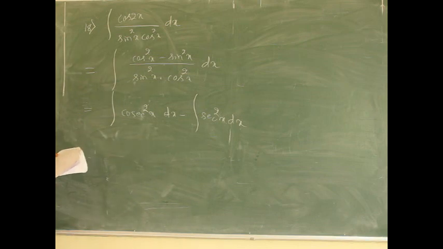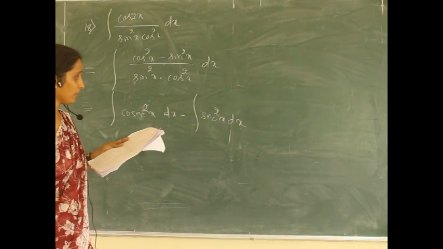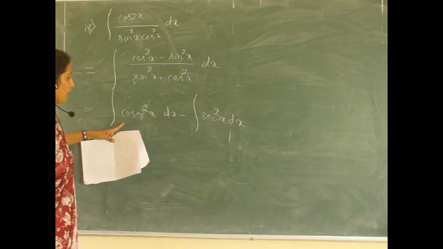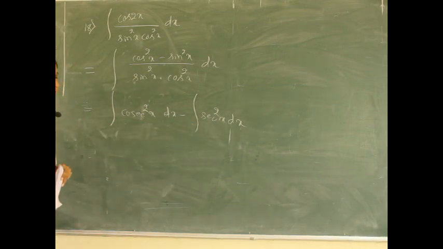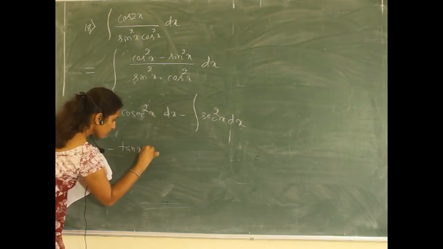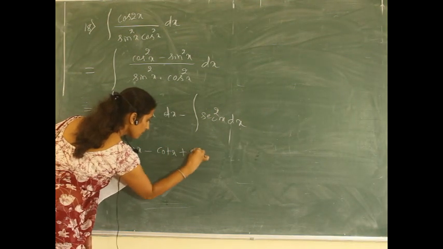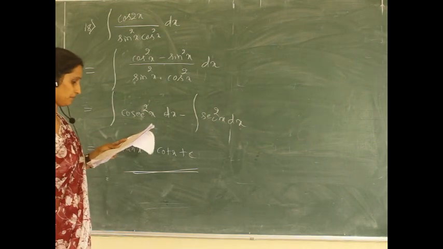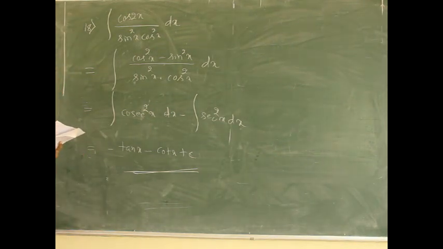The integral of cosec square x is minus cot x, and sec square x is tan x. So the answer will be minus tan x minus cot x plus c. So that is in option A.